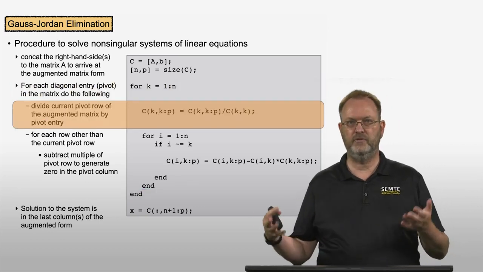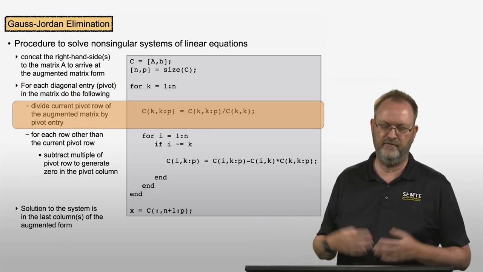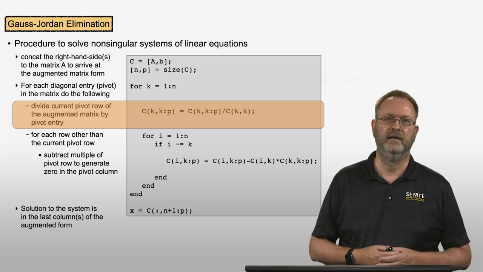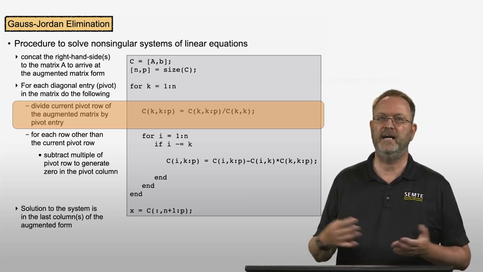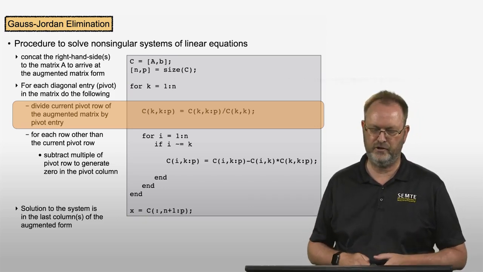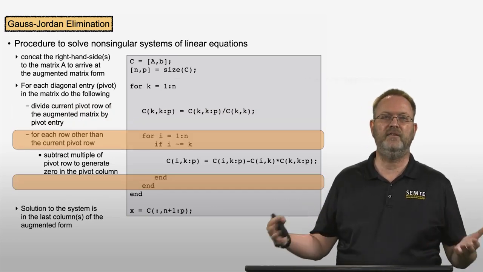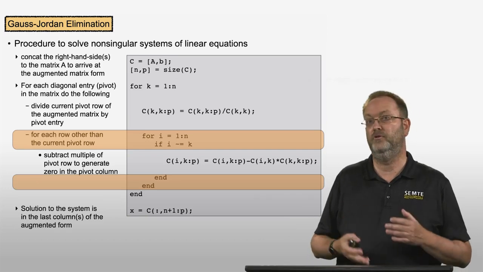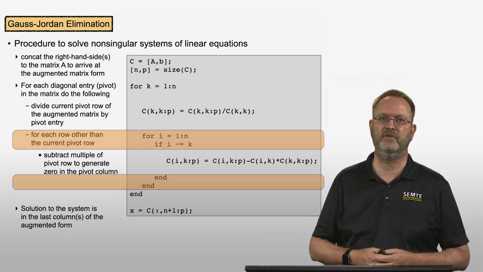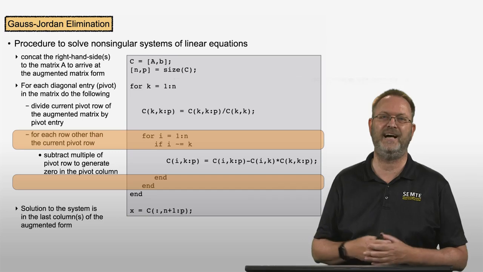For each one of those pivots k, we're going to then divide the current pivot row k of the augmented matrix C by the pivot entry. That's what this line of code did. And then we did another loop for each row other than the current pivot row, which means we have to loop over each row again of the matrix. And there our variable for the loop is i.